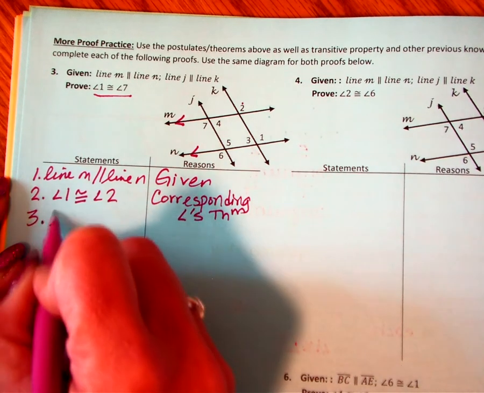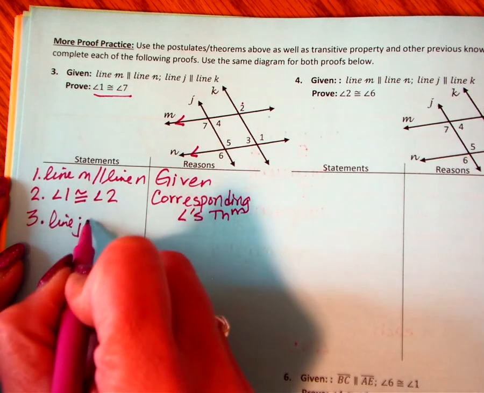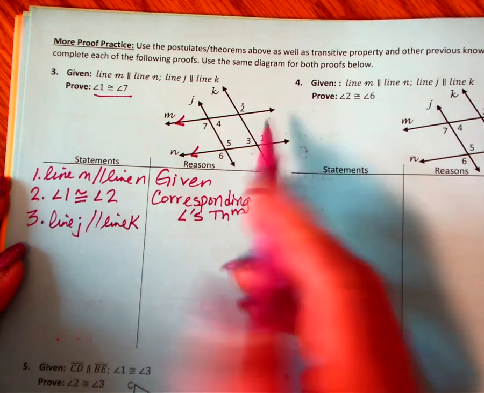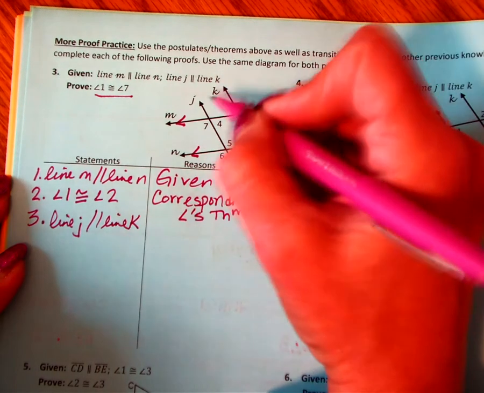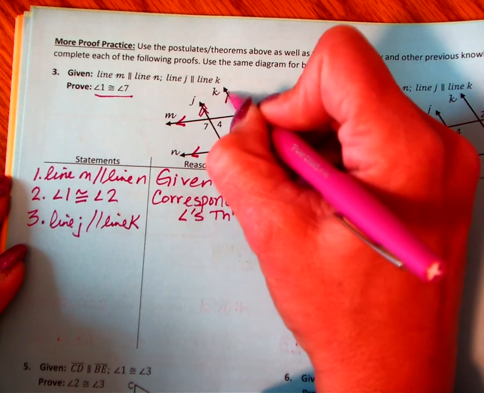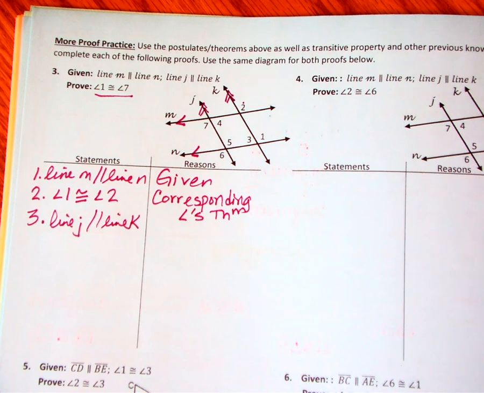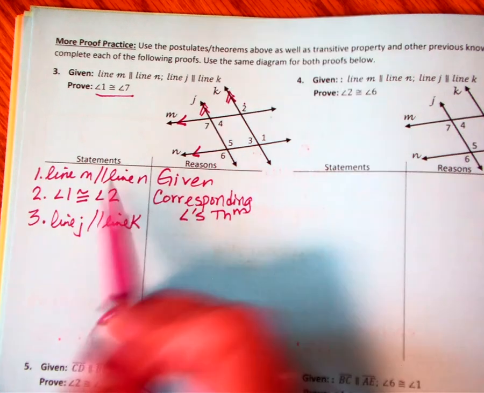Okay, next I am given that line J is parallel to line K. So J and K are parallel. I'm putting 2 marks there to show the difference. They're different than M and N, right? Okay, so anything there that I can use using 1 or 7.